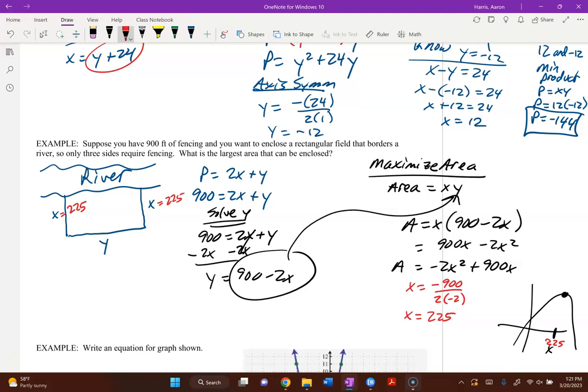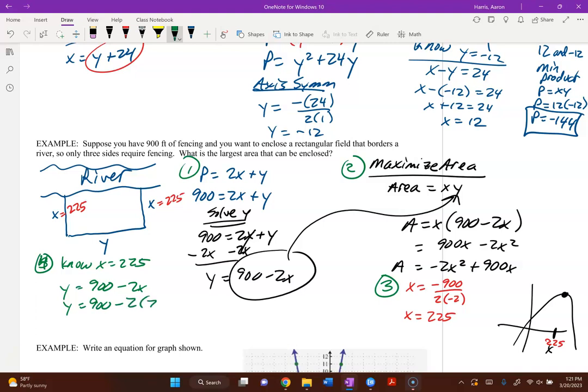And then finally, let me come over here. So I did 1, 2, and now let me come over here to 3. Whoops, this was 3 to find that. And now on number 4, I know that x is 225. Y is 900 minus 2x, and so that ends up being 450. And then lastly, it does ask us, what is the largest area?